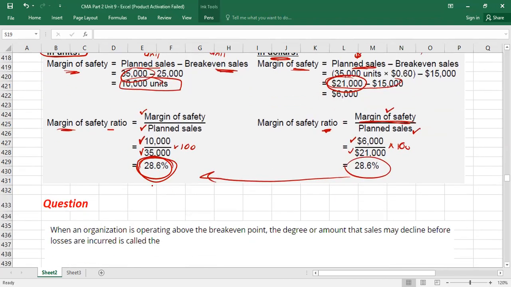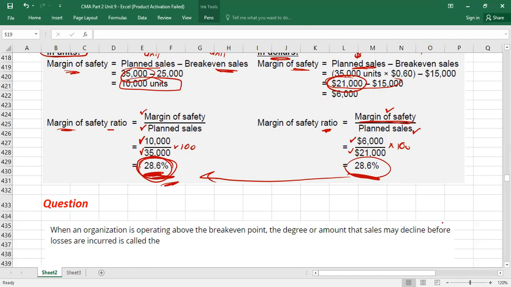For example, if your real sale decreases by exactly 28.6% in units or in dollars, you will be at break-even point. But if it decreases by a bigger proportion, maybe 35%, you would incur a loss. If your real sale decreases by a lesser portion than this amount, maybe 20%, then you would be in profit, as I told you earlier.